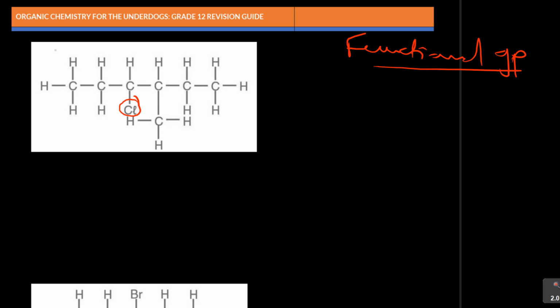If I number it in this direction, it will be carbon 1, carbon 2, carbon 3, carbon 4, carbon 5, carbon 6. If I number it backwards, it's carbon 1, carbon 2, carbon 3, carbon 4, carbon 5, carbon 6. You can see that for chloro, we choose the smallest numbering, which is carbon number 3, and which means I'm moving from left to right. That's the right way.